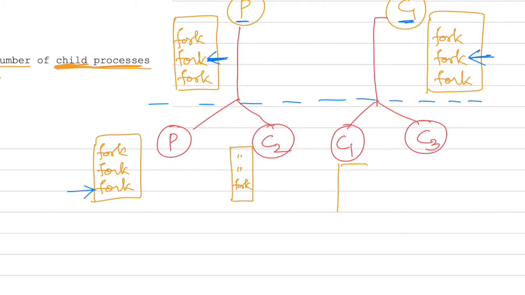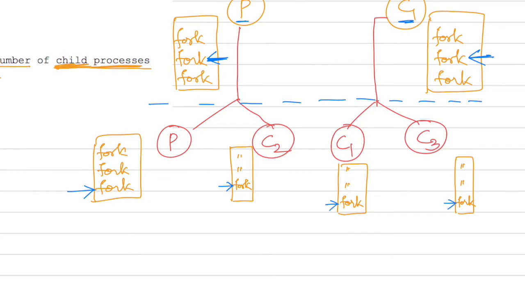Same goes for C1: it will also have first fork, second fork, and it will be at the third fork statement. And same goes for C3. Let me mark that. So this will be the execution point, the third fork.